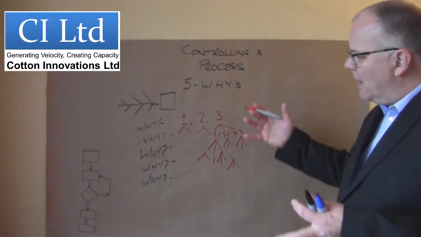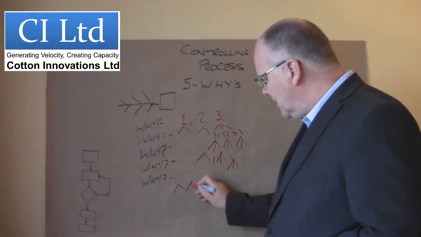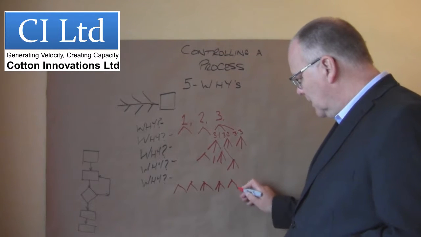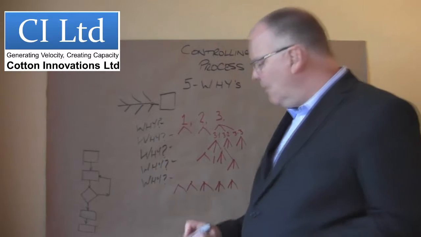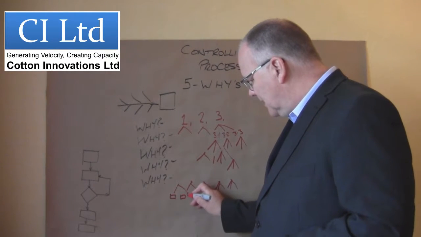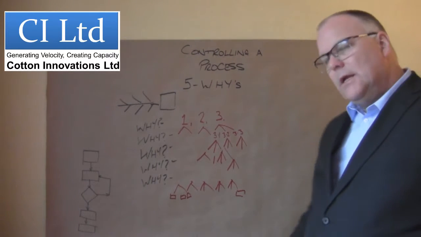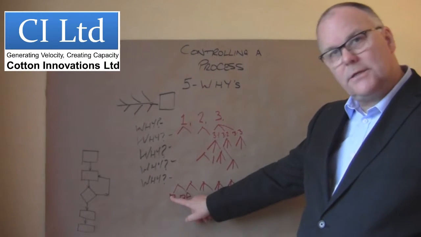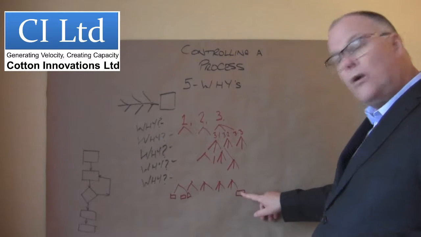Now, when we've completed our tree, what we will end up with is a whole series of outputs for each one of these. So what I can now do is say, this is a root cause, this is a root cause, this is a root cause, and all the way across. So when I see the problem again, I can now say, go check this, go check this, go check this, all the way across.